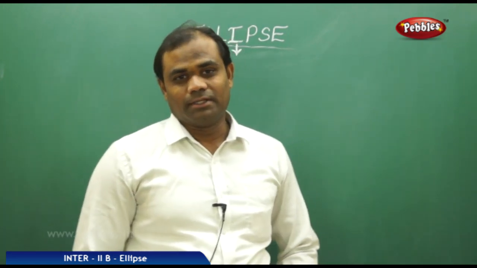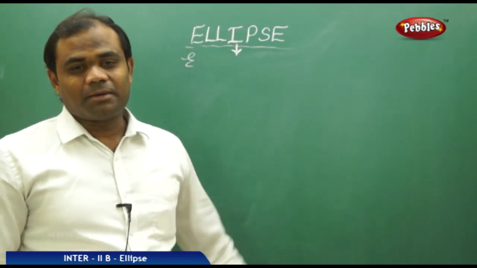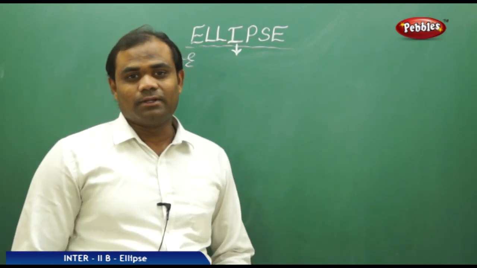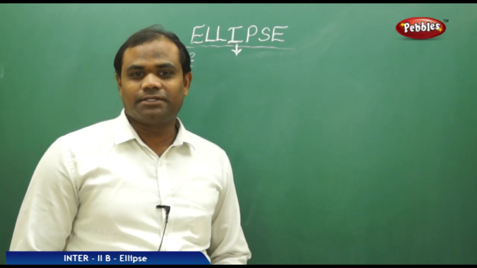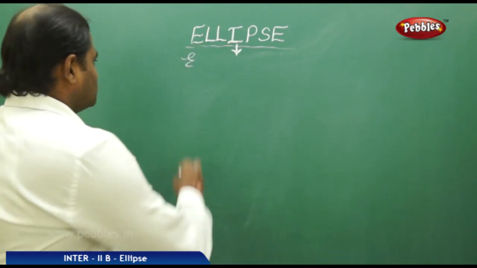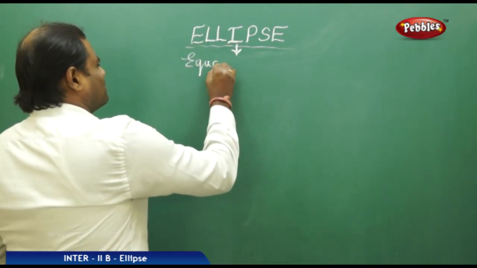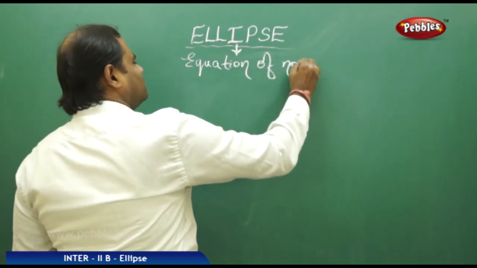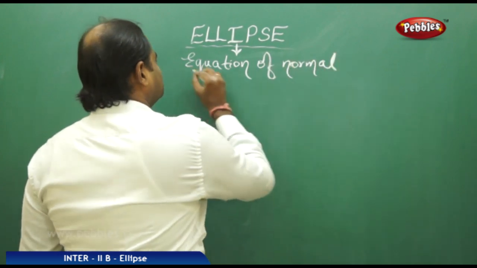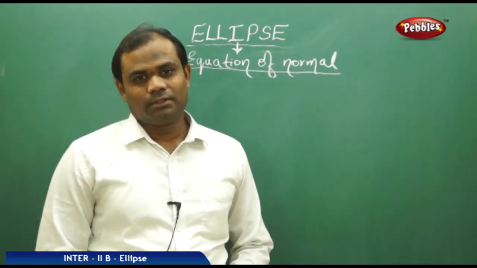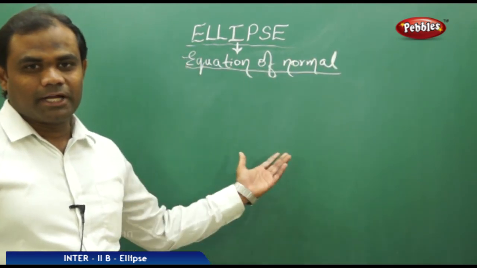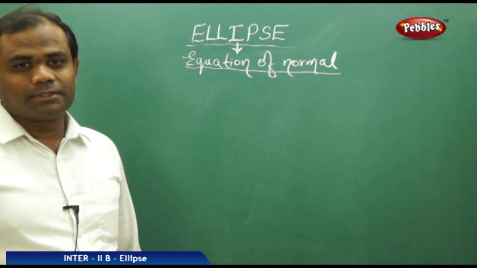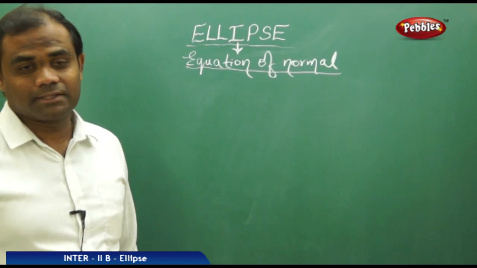Equation of normal. Now that we have discussed the normal, next comes the equation of the normal, just like the equation of the tangent to the ellipse. So the topic is about identifying the equation of the normal. Let me take the ellipse in standard form and define the equation of the normal at point P, the point of contact.